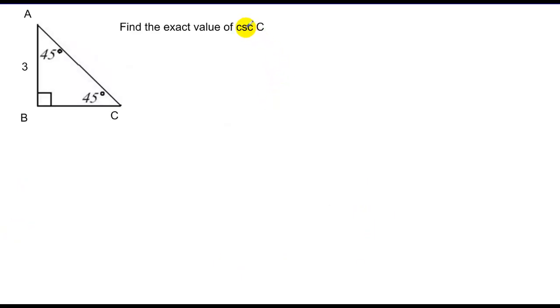I want to find the exact value of the cosecant of C in this case. Here's C, cosecant is equal to the hypotenuse over the opposite, because that's the reciprocal of sine. I have the opposite, but I don't have the hypotenuse.